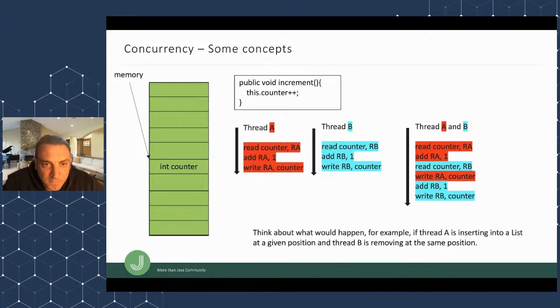In an ideal situation, thread A and thread B would execute these instructions in a sequential way. But the actual truth is that the CPU, and the operating system most importantly, are going to schedule the threads on the CPU in an interleaved way.